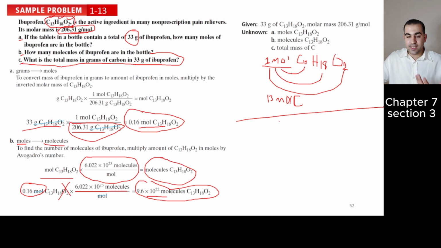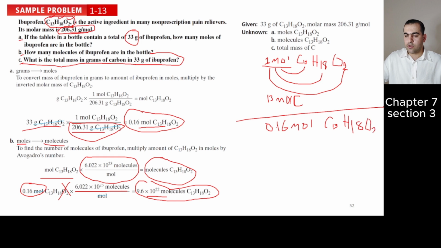But here it says, what is the total mass in grams of carbon in 33 grams of ibuprofen? 33 grams equals 0.16 mole, right? So in 0.16 mole of ibuprofen, how many moles of carbon do we have? Just a minute. 0.16 times 13 moles of carbon gives us 2.08 moles of carbon.